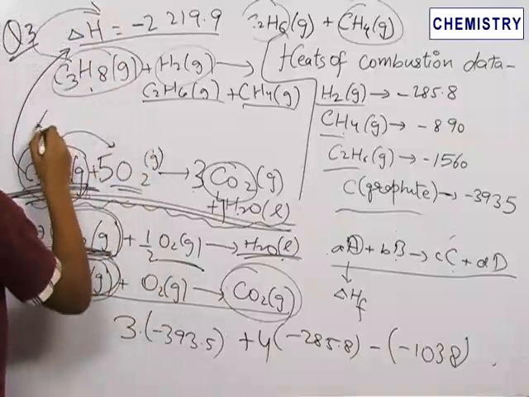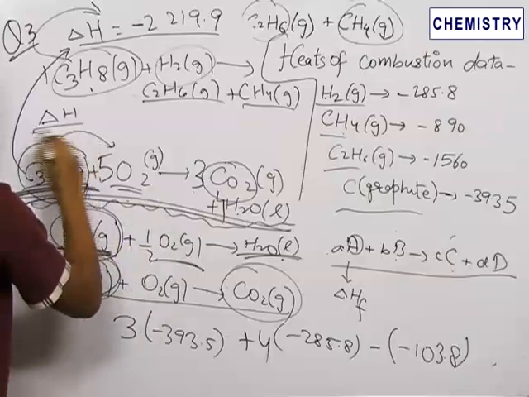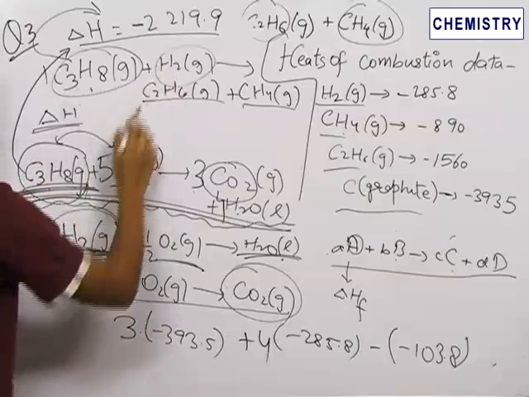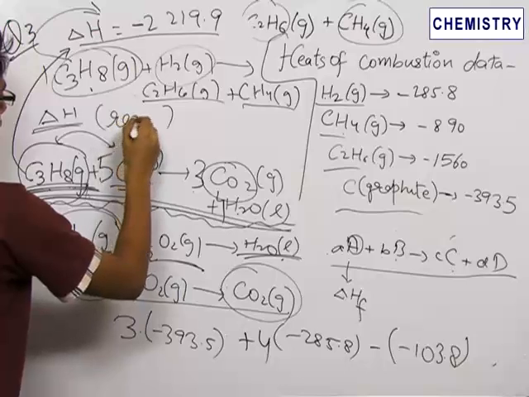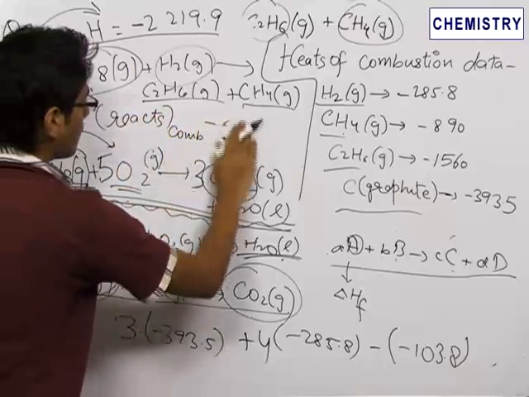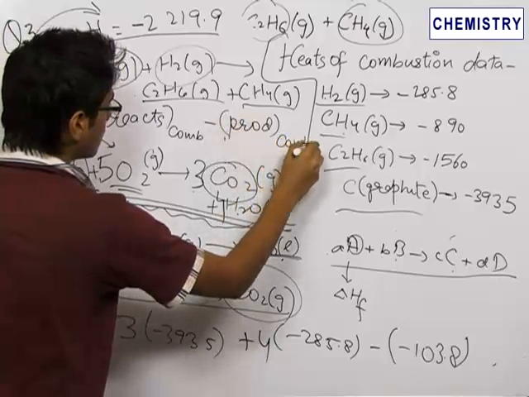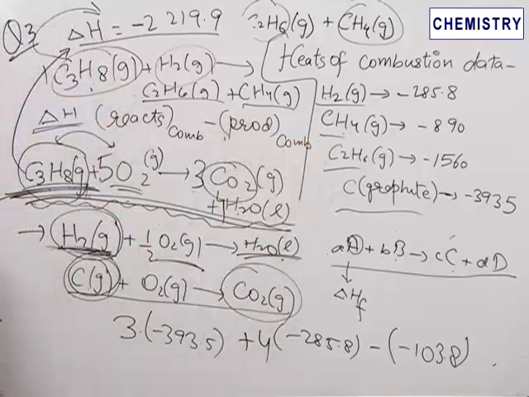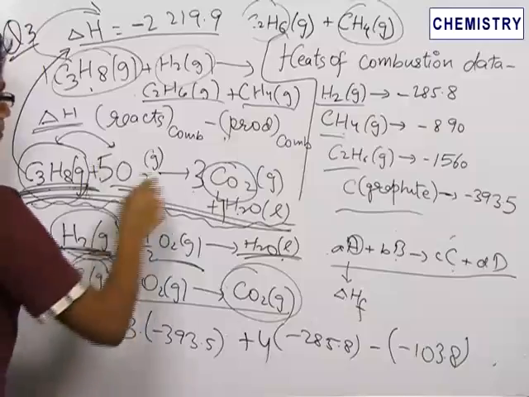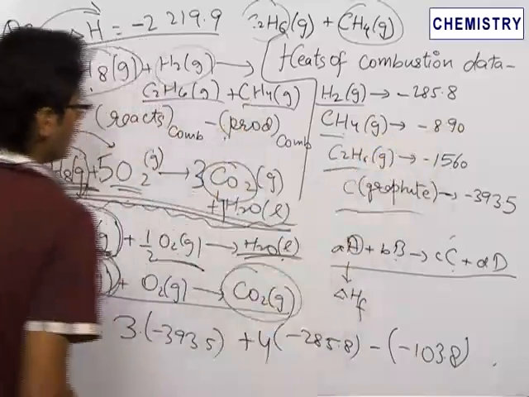Hence, with all the stoichiometric coefficients being 1, the delta H, or the enthalpy of this reaction, is just the sum of the heats of combustion of the reactants, C3H8 and hydrogen, minus the heats of combustion of the products, C2H6 plus CH4.